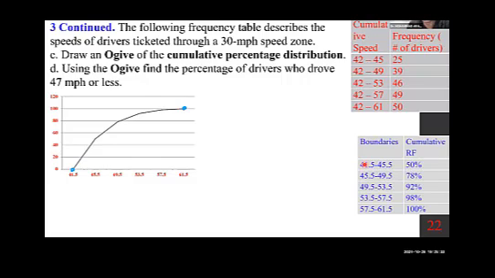Then you go back to the first class. The upper boundary is at 50%. So that's why, take a look at 45.5. This point is at 50%, the upper boundary of the first class. Then the next one corresponding to the upper boundary of the next class, 49.5, corresponding to 78%.